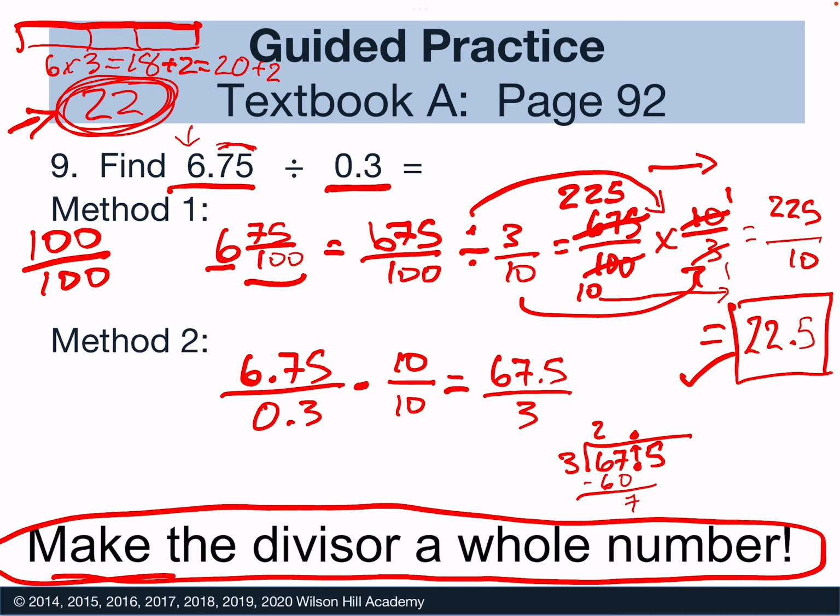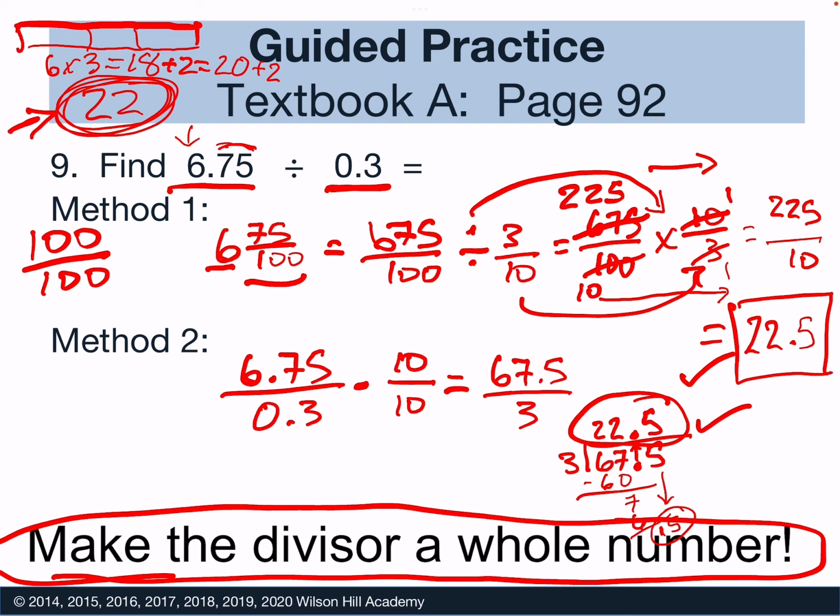And I know that there are 2 3s in 7. 2 times 3 is 6 again. If I subtract, that leaves me with 1. I'm going to bring down that 5 and deal with that. 3 into 15, it goes 5 times. And so my answer is 22.5. Still reasonable, still the same answer, and we're good to go.